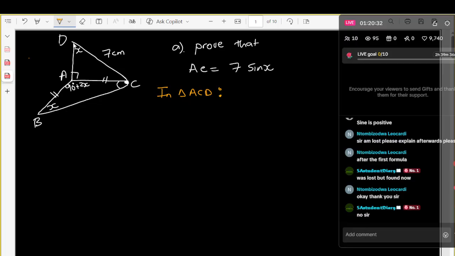We need to prove that the area of triangle ABC is equal to 24.5 sine squared x minus 49 sine to the power 4 x.